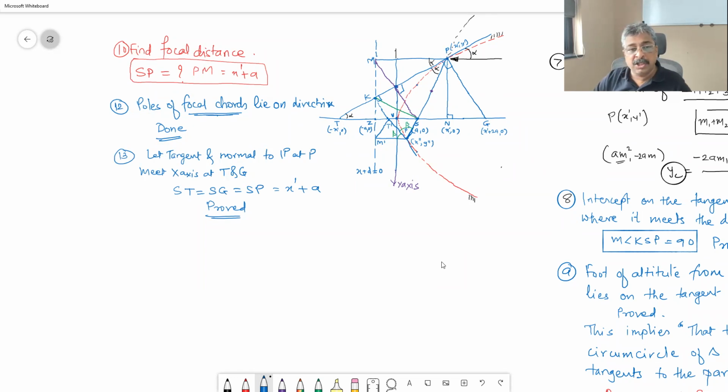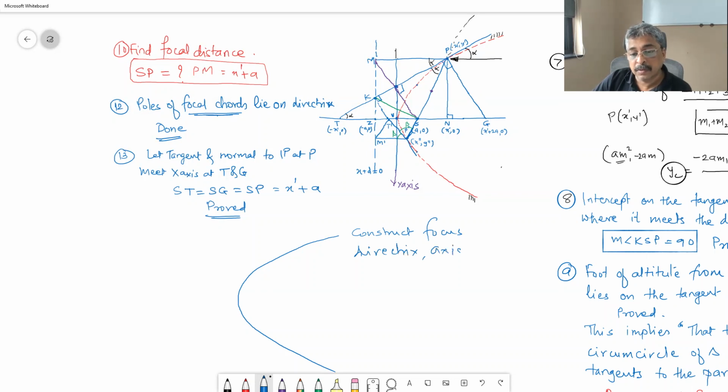Okay, the first construction is: given a parabola, nothing else, construct the focus, directrix and axis of the given parabola.